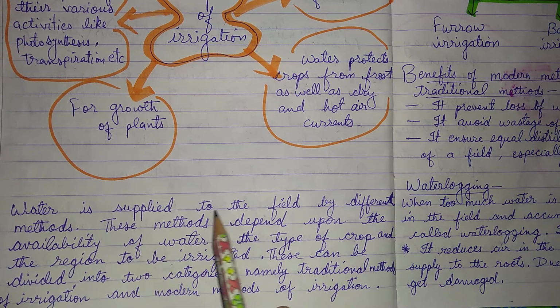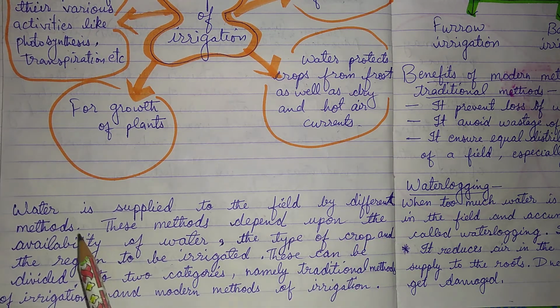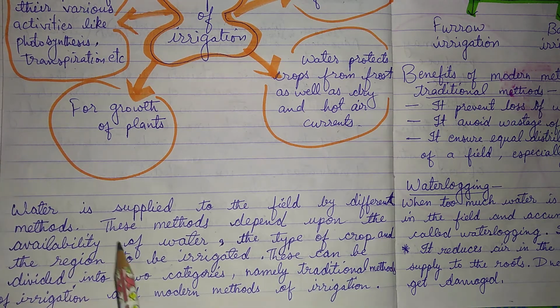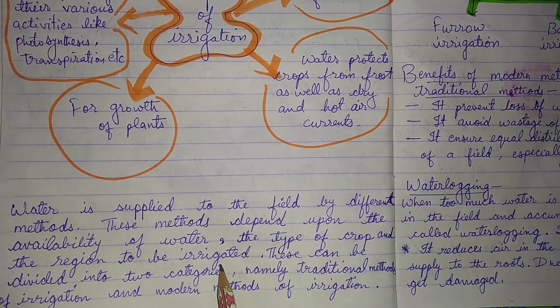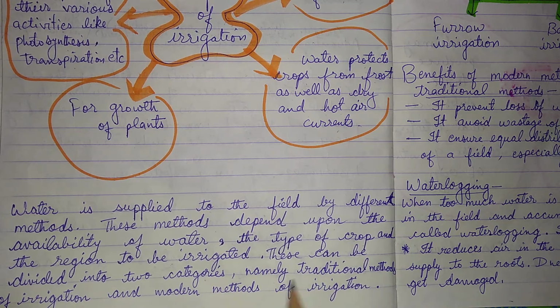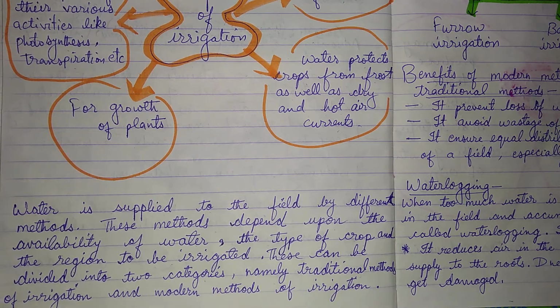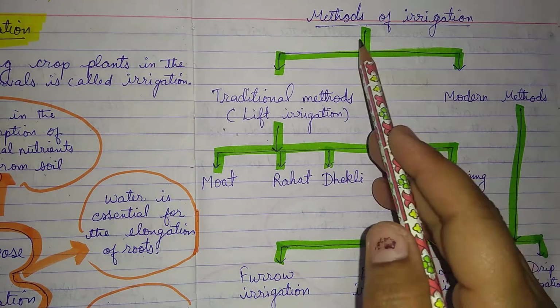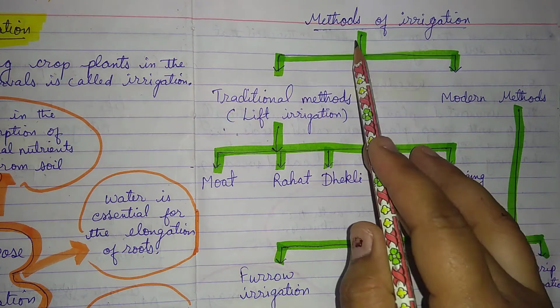Water is supplied to the field by different methods. These methods depend upon the availability of water, the type of crop and the reason to be irrigated. These can be divided into two categories, namely traditional methods of irrigation and modern methods of irrigation. Now we will discuss methods of irrigation.